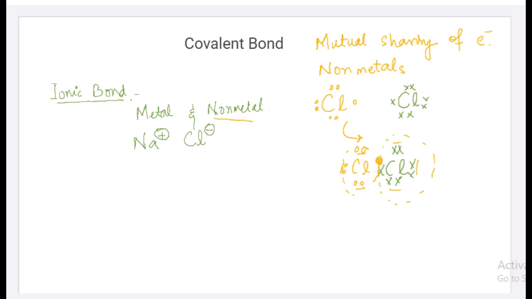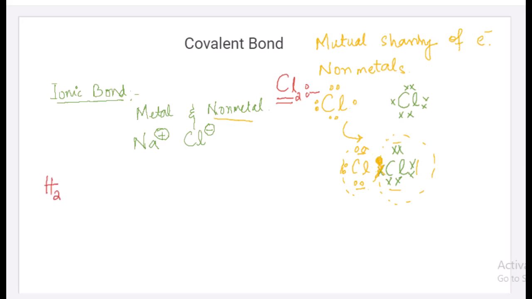So these electrons are the shared electrons now. They will exist in the valence shells of both these chlorine atoms, right? Is this thing clear? This is the covalent bond formation in the chlorine molecule, that is Cl2. This is the Cl2 molecule.